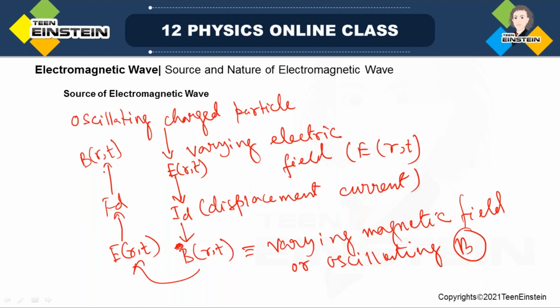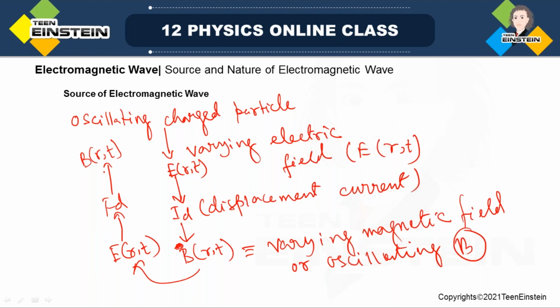This is how the fields regenerate themselves. An oscillating electric field generates an oscillating magnetic field. They don't require any medium.